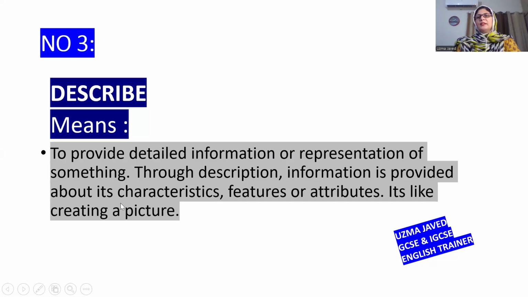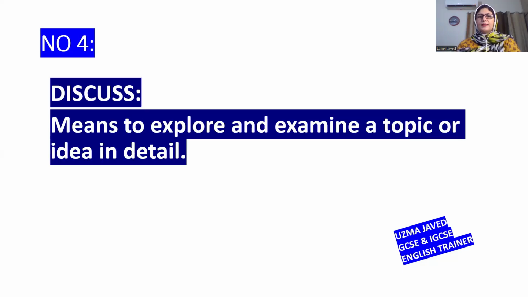Information is provided about its characteristics, about its features, and about its attributes. Attributes means qualities. It is like creating a picture of something that when you just read that description, you can visualize that. You can hear the sounds which were described in that picture. So, this is the essence of description which you follow in a descriptive essay.